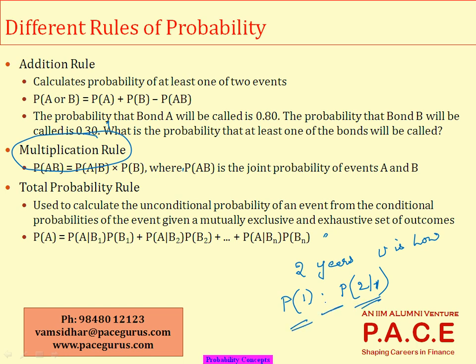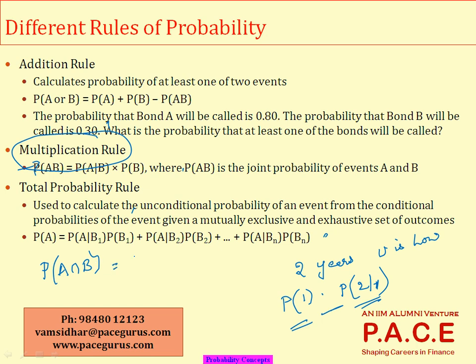If at all I want to find out the probability of two different events, both of them occurring together, we call it the multiplication rule of probability, and we represent it as P of AB, or sometimes people also write it as P of A intersection B. Intersection B means both the events occurring together.